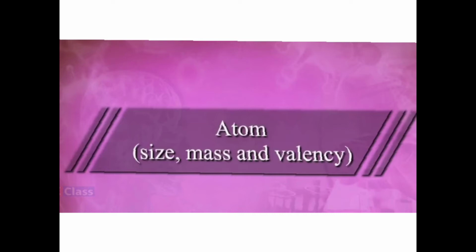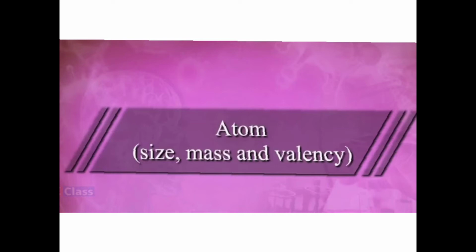Now, what is atomic radius? It is the distance between the nucleus of an atom and its outermost orbit. Imagine, the atoms are so small, so tiny.